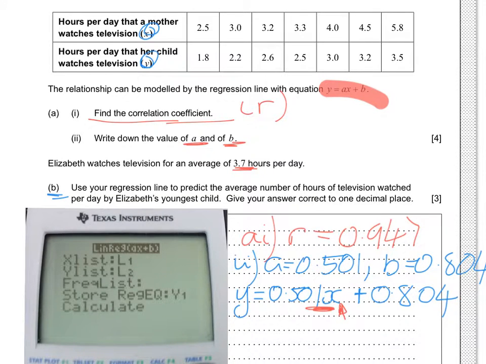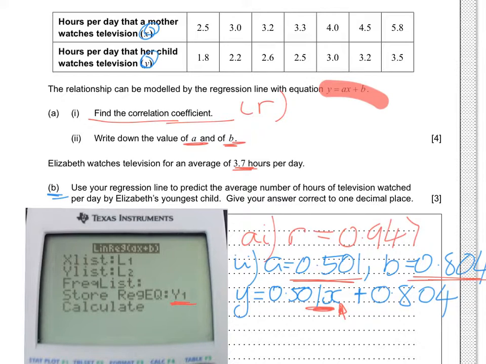If, when you do your linear regression, when you're in this menu, you press store the regression equation in Y1, then you don't have to type these numbers back in again, and you can use them as precise as the calculator has found them, rather than rounding them to 3 significant figures, which will obviously reduce the possibility of you getting a rounding error in your final answer.